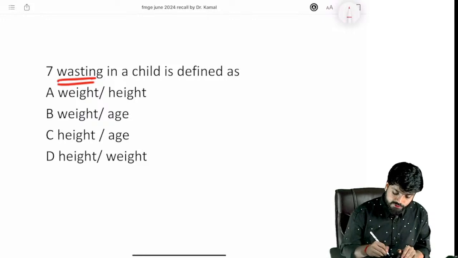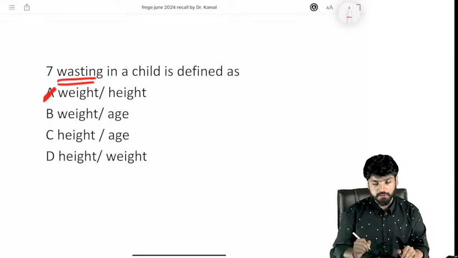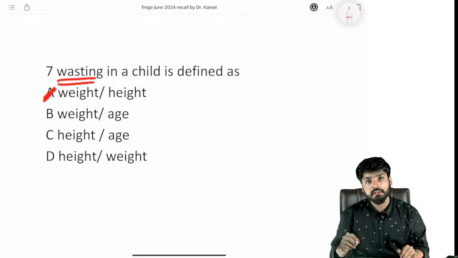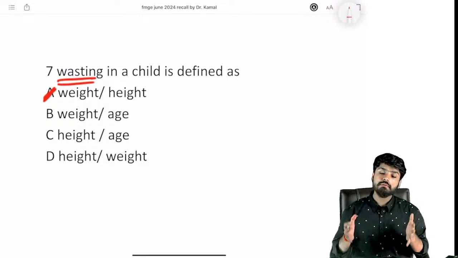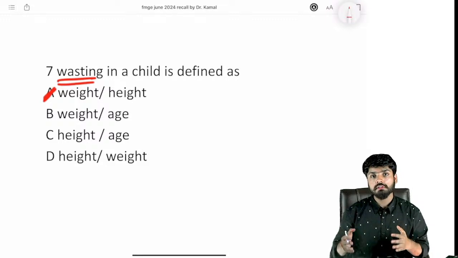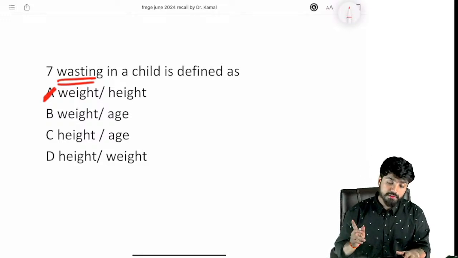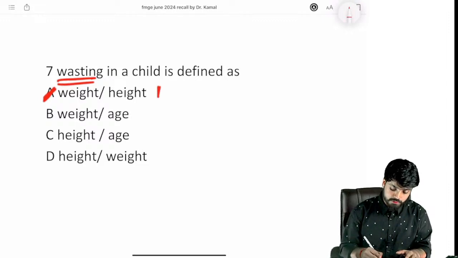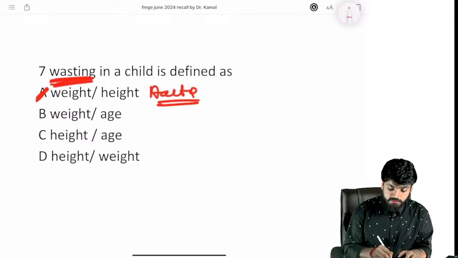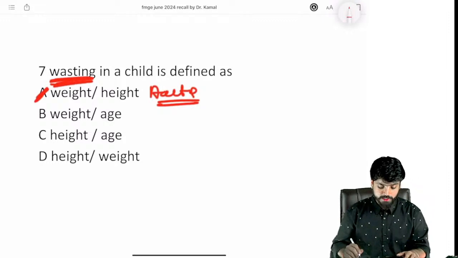a child is defined as weight upon height. When a child has low weight according to height, that means the height is growing properly, but suddenly he is having acute malnutrition. Sudden loss of weight is called wasting, and we always see this in acute malnutrition. So in acute cases we see wasting, which is weight upon height.